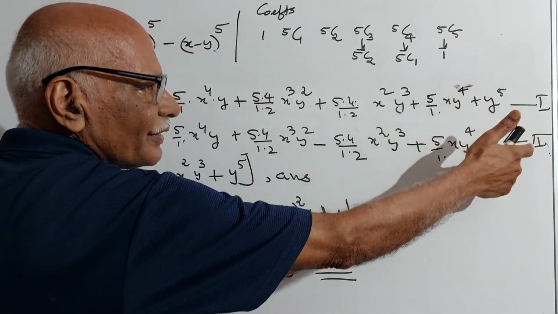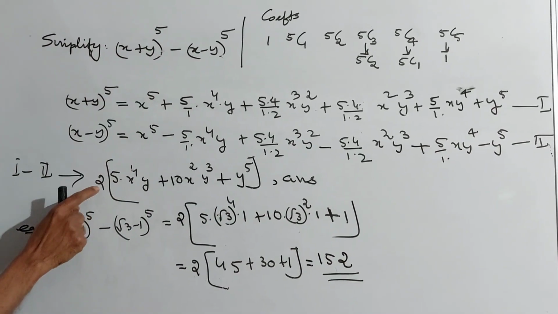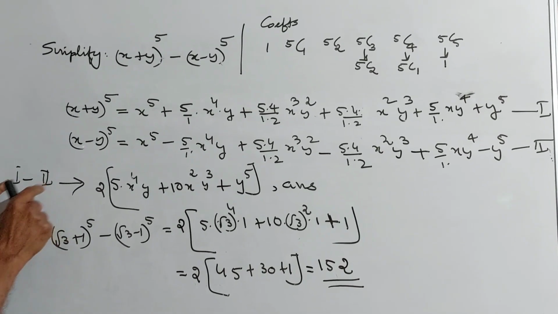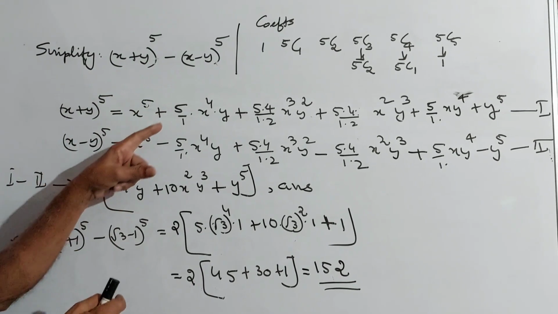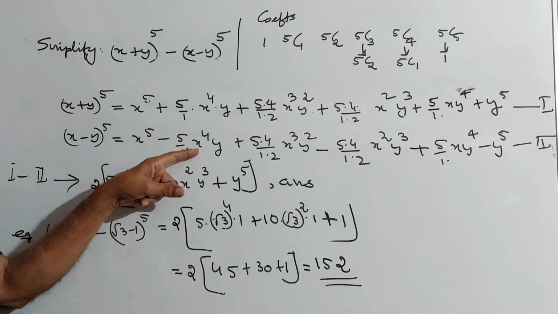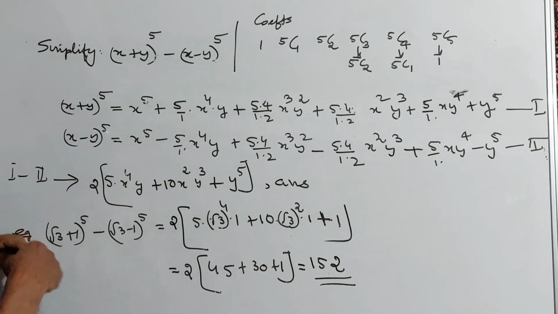Equations 1 and 2. Now when you subtract 2 from 1, 1 minus 2 gives you the answer. Negative terms will only come because minus minus is plus. This will cancel by itself. So you get 2 times the negative terms.